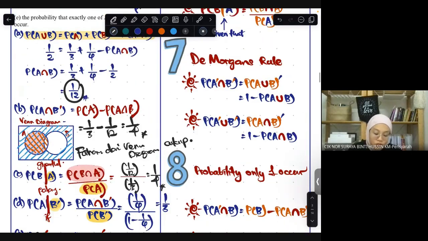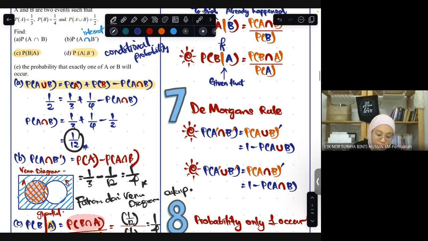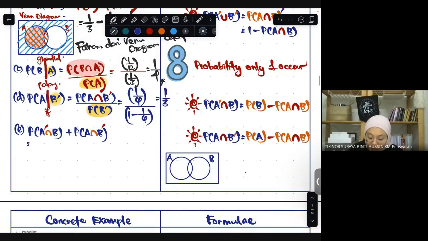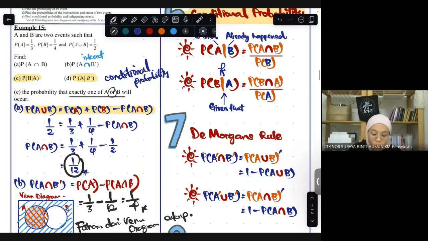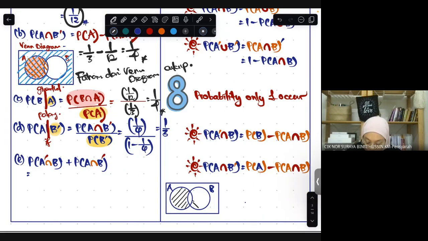Now, the next question is asking us, find the probability where exactly one of A or B will occur. Exactly one of A, salah satu daripada A akan terjadi, ataupun, you see the word or, salah satu daripada B akan terjadi juga.